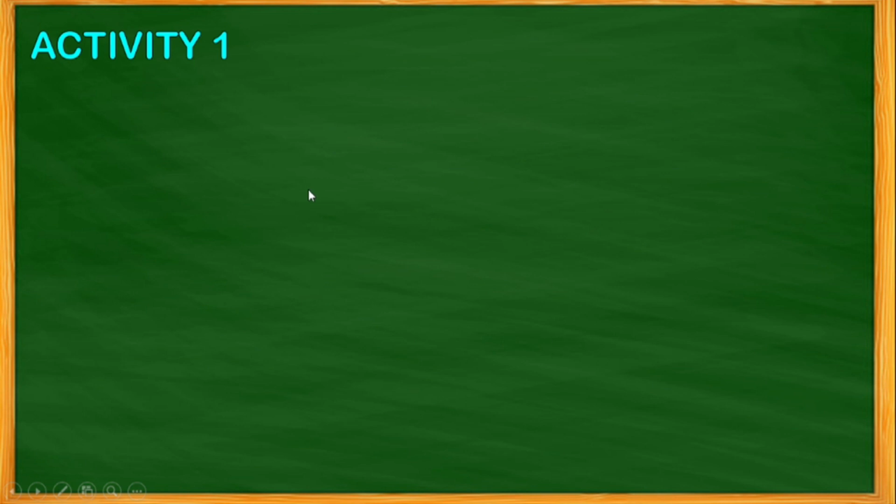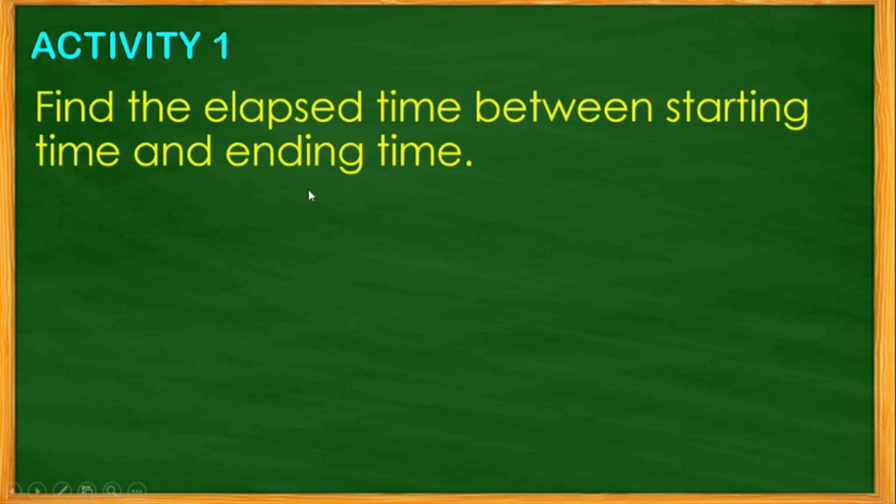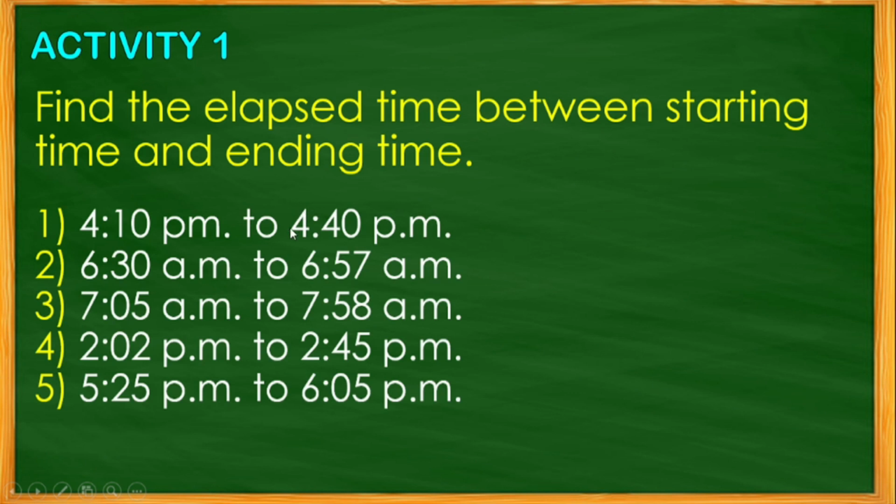Now let's proceed to the activity time. You're going to find the elapsed time between each starting time and ending time. So this would be the given.